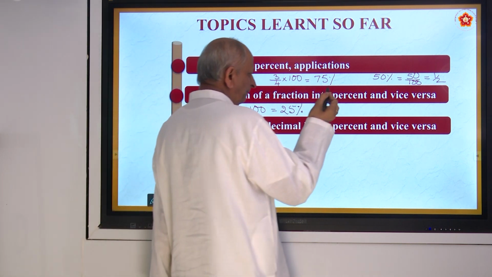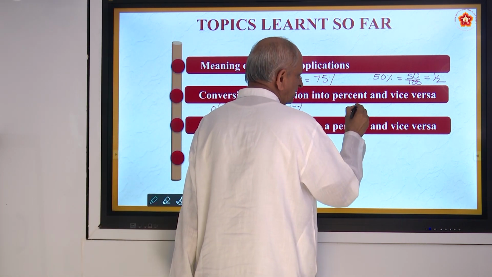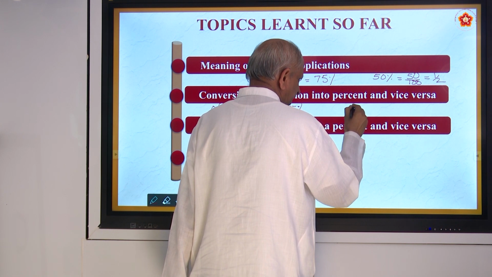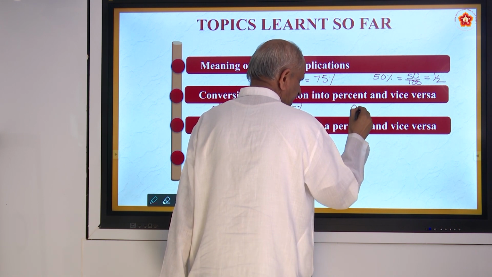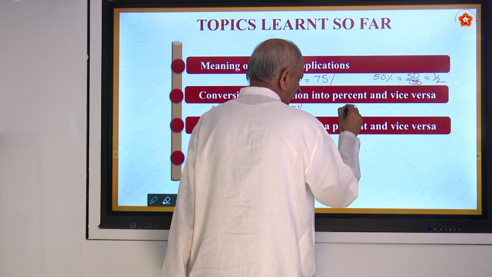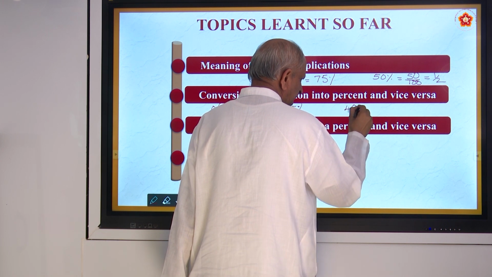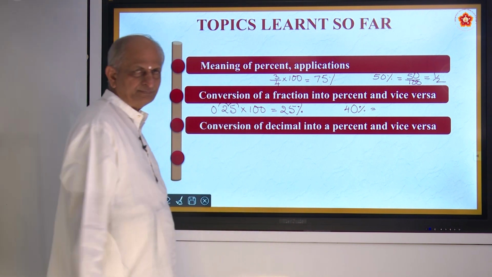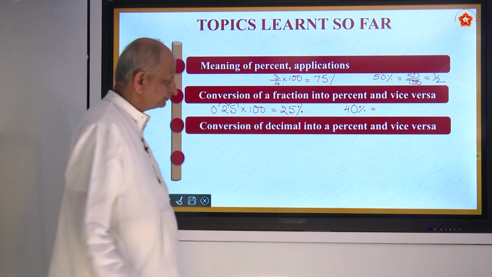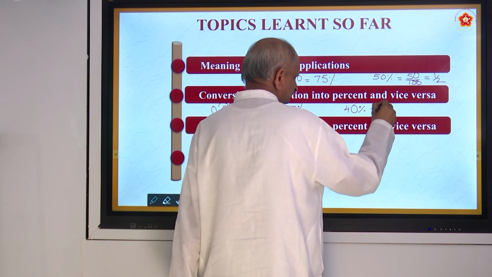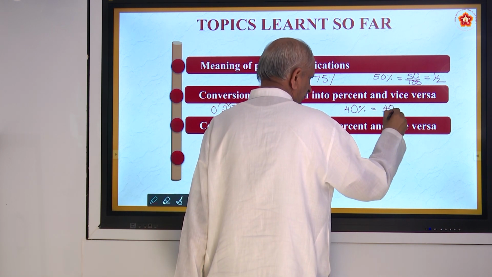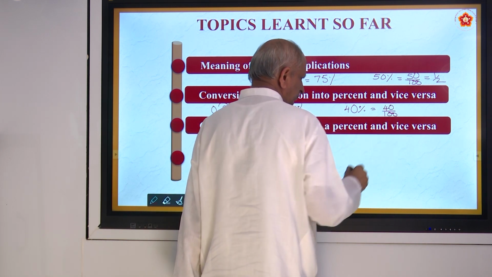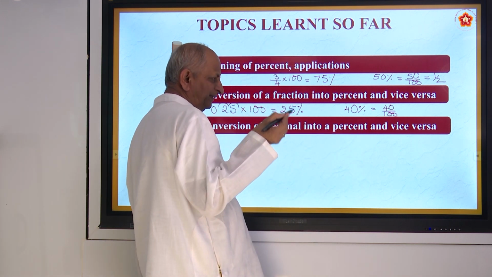And how do you convert percent into decimal? Suppose you have, say, 40%. How do you convert it into decimal? Divide by 100. So conversion of percent into decimal means divide by 100.